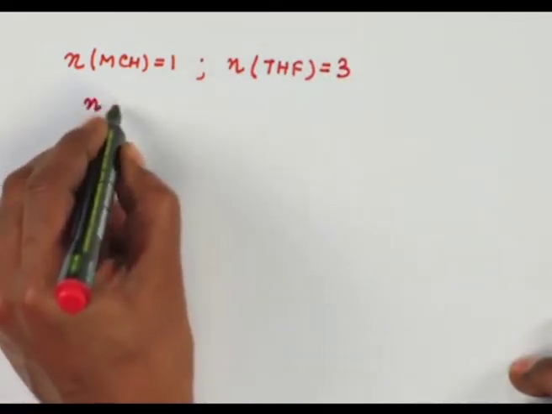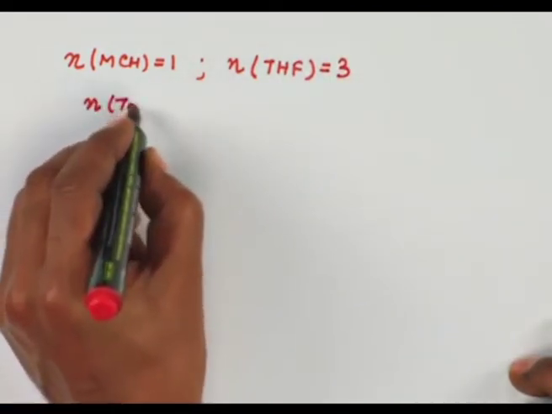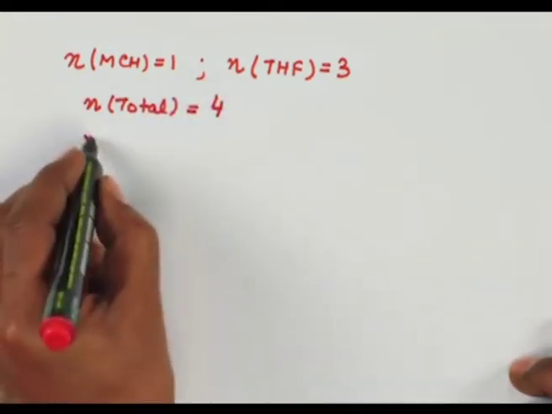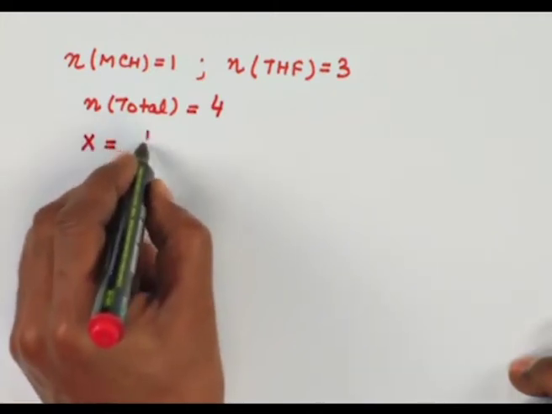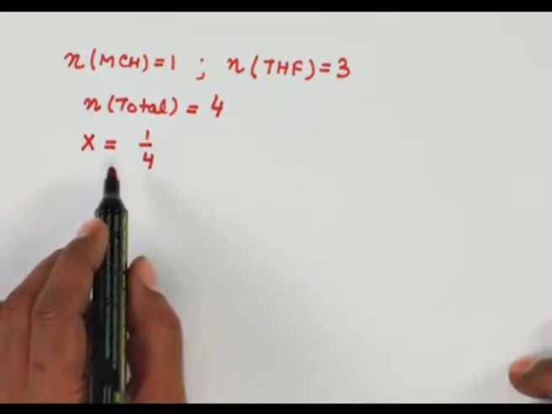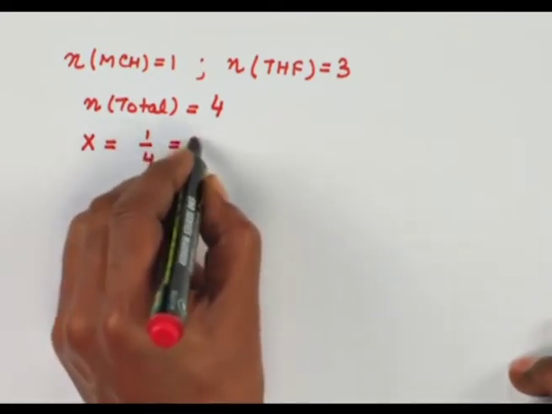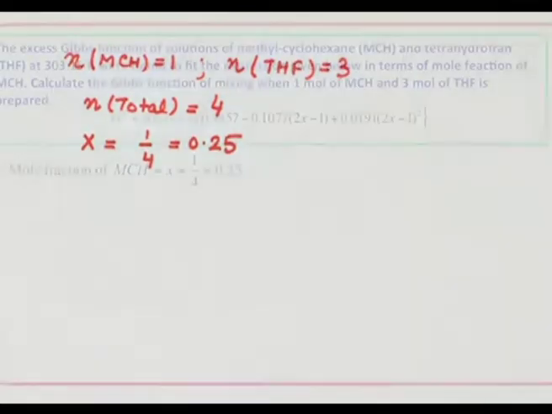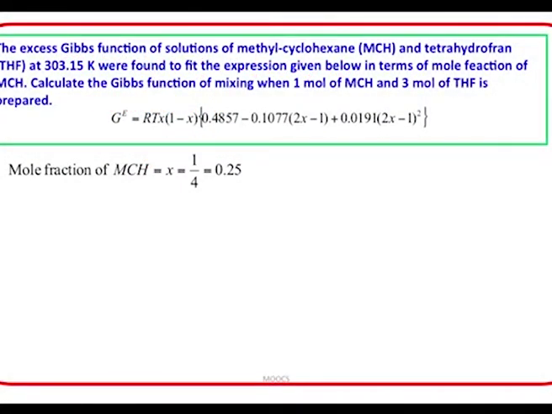So, total number of moles is equal to 4. Therefore, X in this expression is going to be 1 by 4 because X is the mole fraction of MCH. This is equal to 0.25. Okay. So, we have obtained this X equal to 0.25 and now you substitute X into this expression.